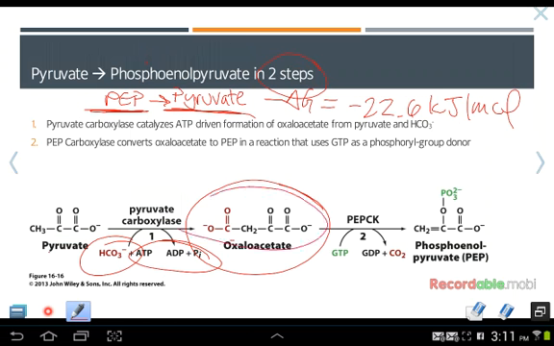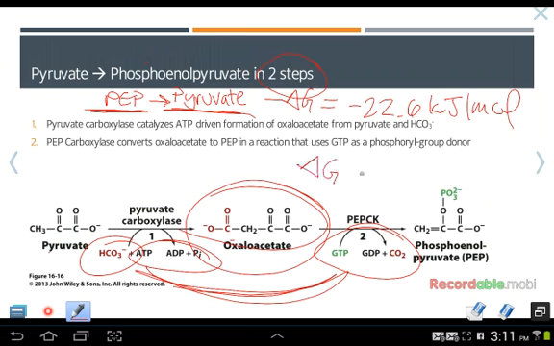So now this molecule is high energy, and upon decarboxylation and using GTP to phosphorylate, these two steps together, coupled, give us a delta G of negative 22.6. I'm sorry, this one is 26.4. I was looking at the wrong figure. But this is from figure 16.21 in your book, if you want to look at those energies.